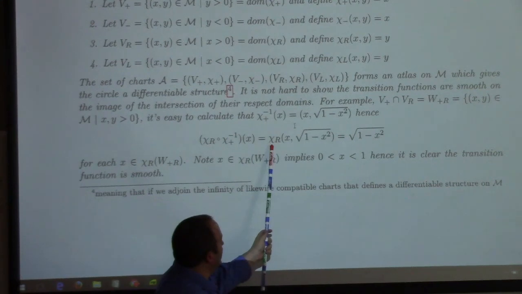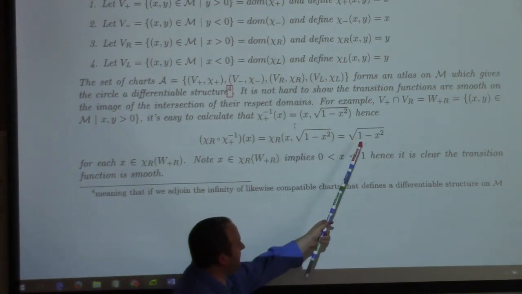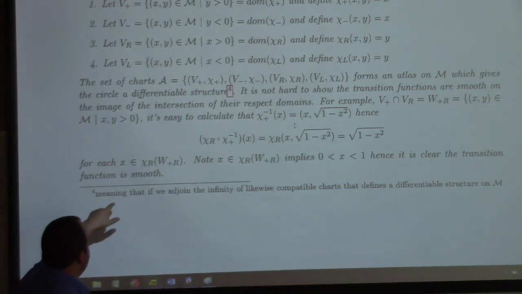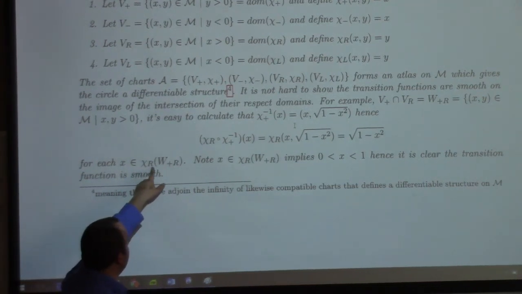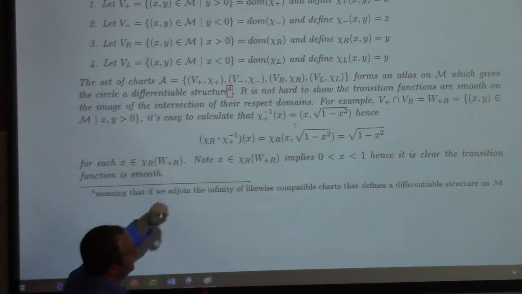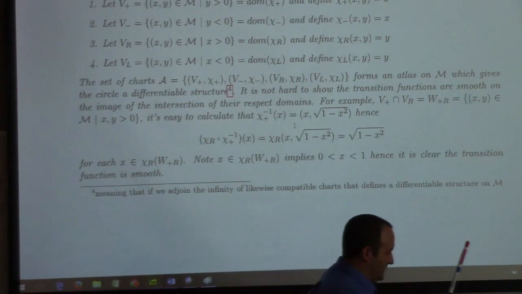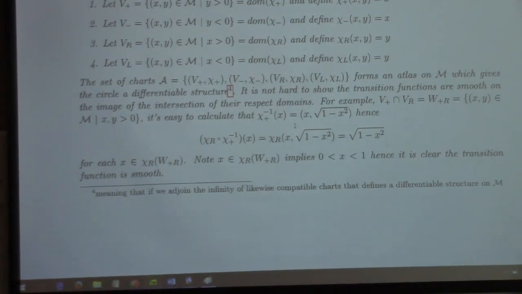And then right sends this to that, for x in the image under the right map of the intersection of V plus and VR, which I really should draw a picture. This is stupid to do without a picture.